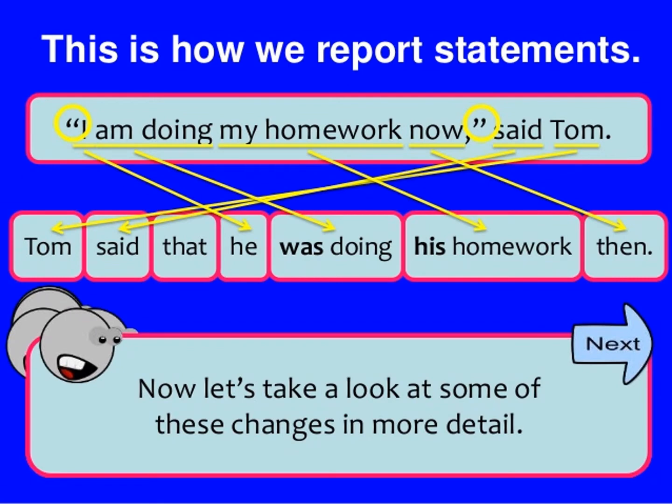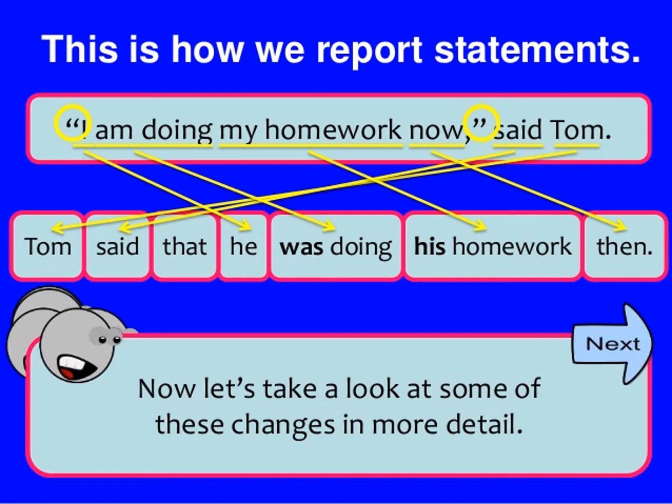Okay, this is how we report statements. For example, "I am doing my homework now," said Tom. When we change this statement from direct into reported, we do as follows. Of course, we start with Tom said, or the subject and then said, that. Notice that "that" is optional.